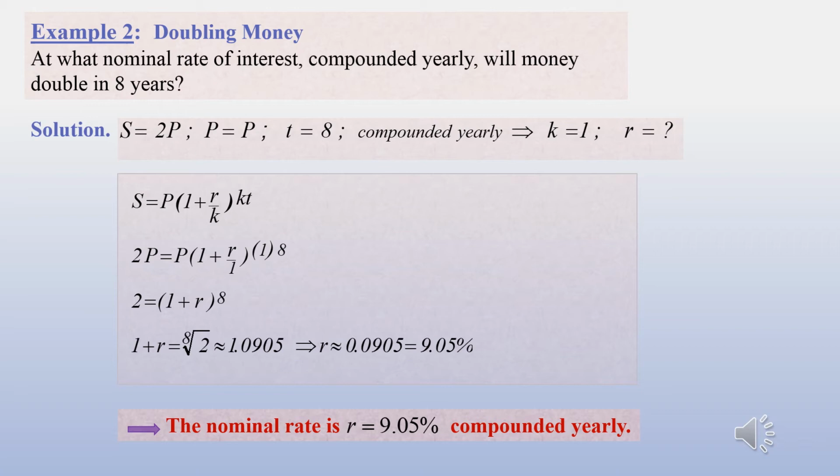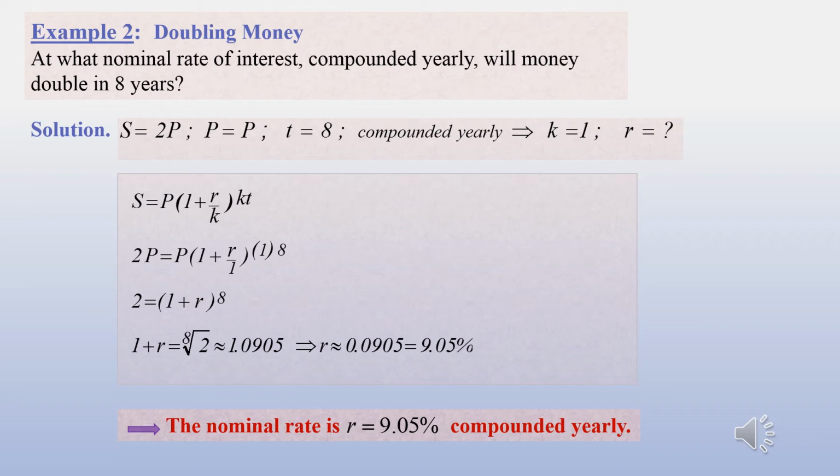So we use the same formula, S equal to P multiplied by (1 plus R over K) to the degree of KT. We substitute S with 2P, P is P, K equal to 1, and T with 8. So 2P equal to P multiplied by (1 plus R over 1) to the degree of 1 multiplied by 8.